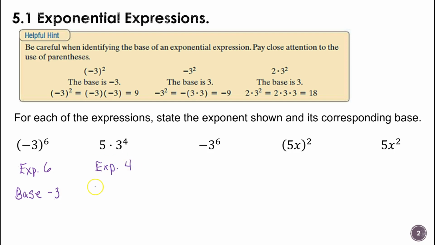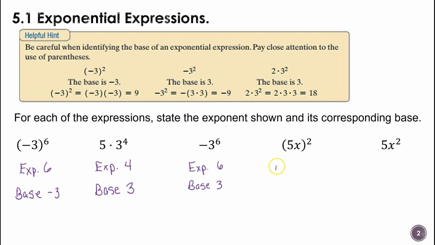Because it's 3 to the 4th power, and that means the base is actually 3. On the next one, because it kind of shows one up here similar to this, notice that I do know my exponent is 6, but my base this time is 3 because this was not in parentheses, so the negative in front of the 3 is not part of the base.